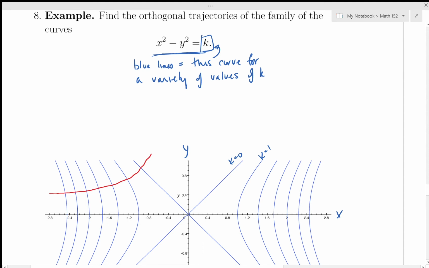It's not supposed to wobble. The point is that each one of these intersection points here is a right angle. This line here is the orthogonal trajectory, and it is always at right angles to any one of the blue curves that I may draw.